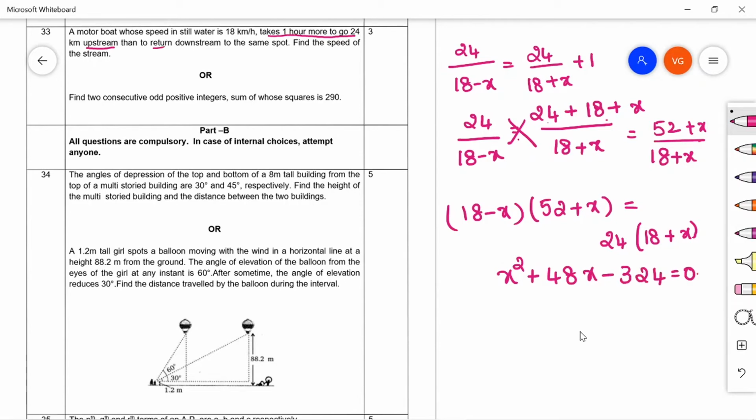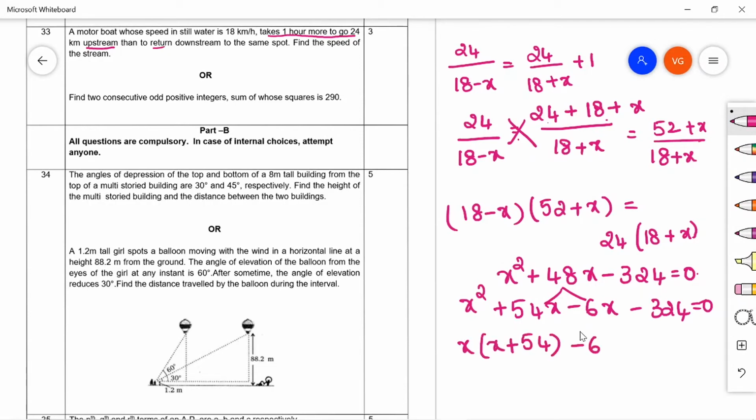Now try to find the roots of this quadratic equation. I am splitting this as x square plus 54x minus 6x minus 324 is equal to 0. I am just splitting the middle term. So x you take common, x plus 54, minus 6 you take common, x plus 54 is equal to 0.